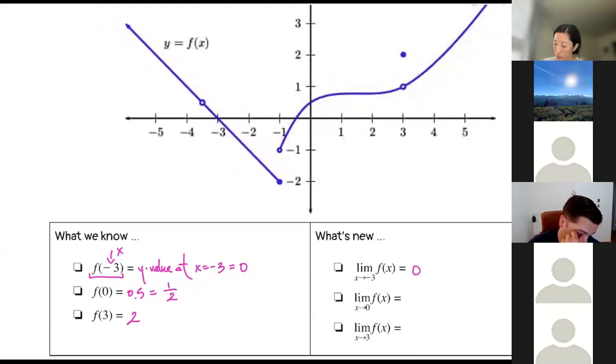All right, so let's take a look at this second one, the limit as x approaches 0 of f of x. So what might be a good x value to choose to see what's happening there?